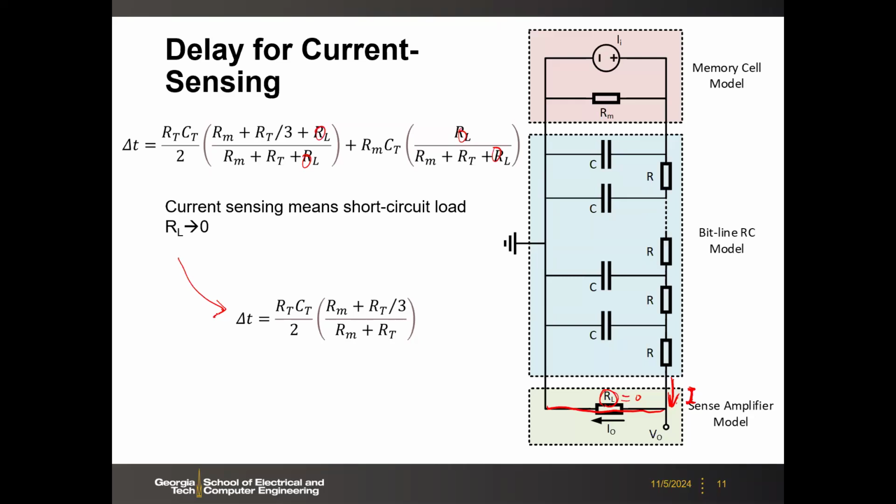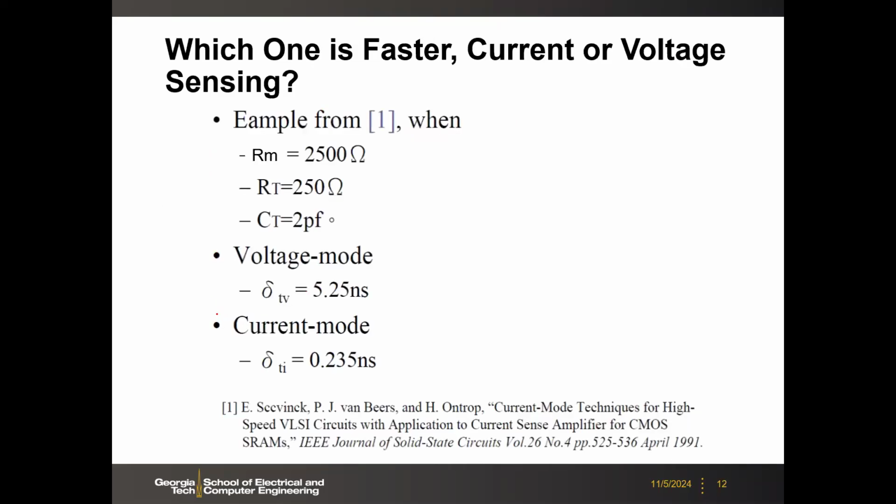Okay, so you have the two formulas. And here is an old example. If you take the numbers from this old paper, which talks about how to design the sense amplifier, you can plug in the parameters.